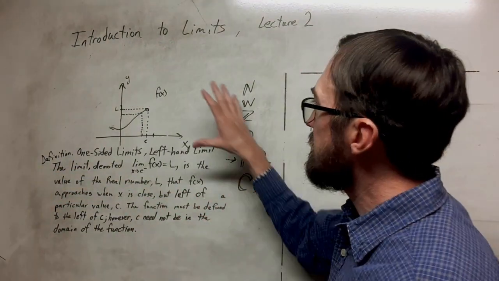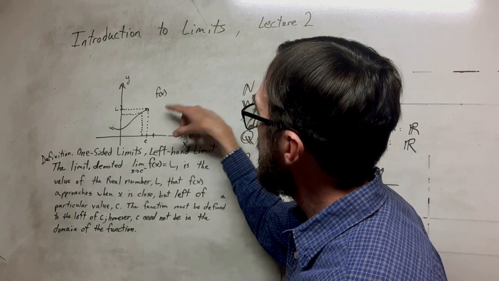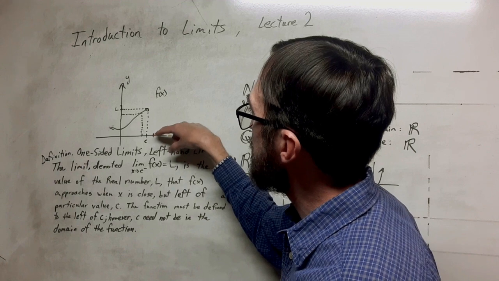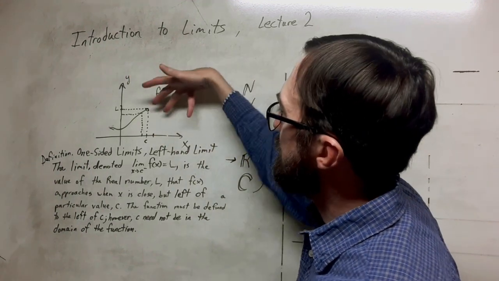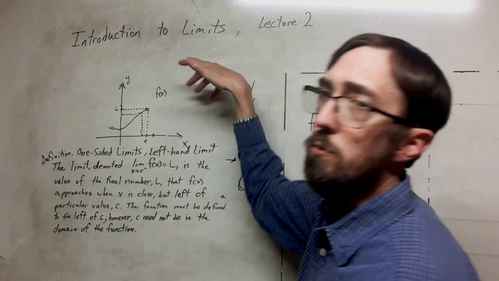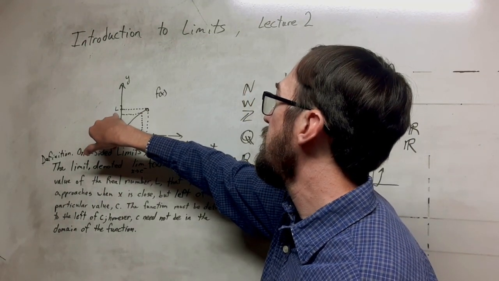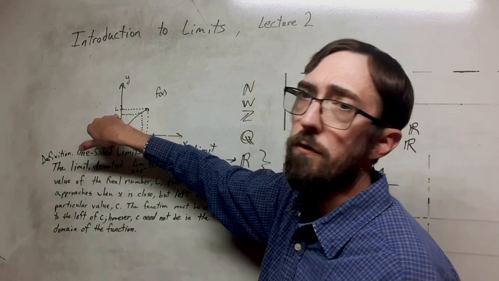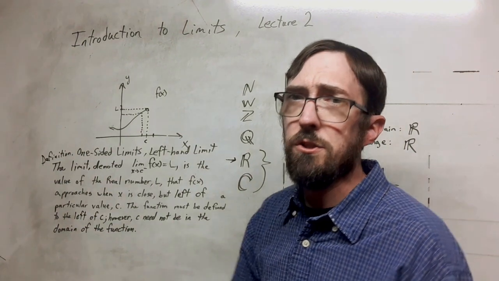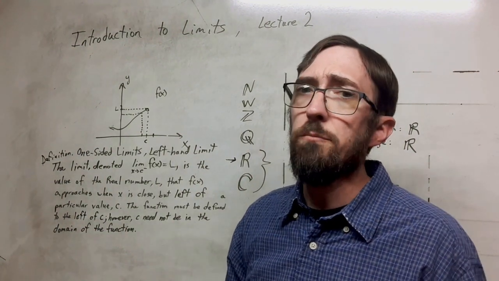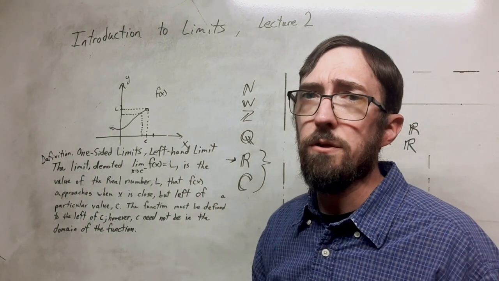I've made an adjustment to my diagram slightly. I've taken away the right values of f of x because in this case there are no right-hand side values of f of x. And I've changed the label of this functional value from A to L. The letter, again, is just a variable. It's some real number. It doesn't matter what letter you put there.